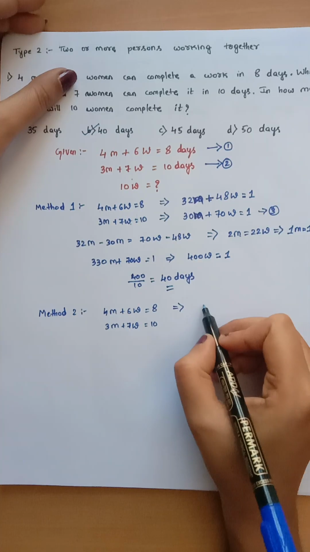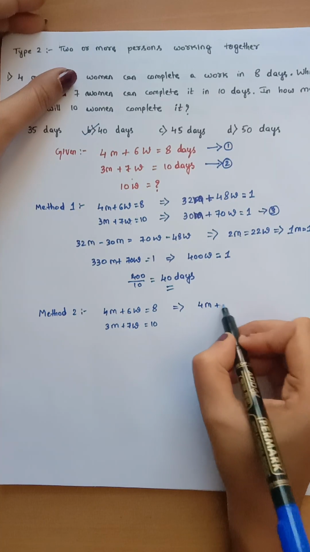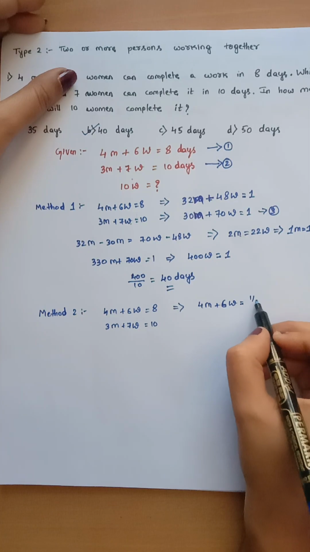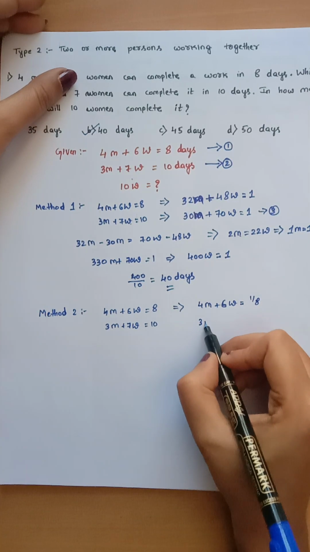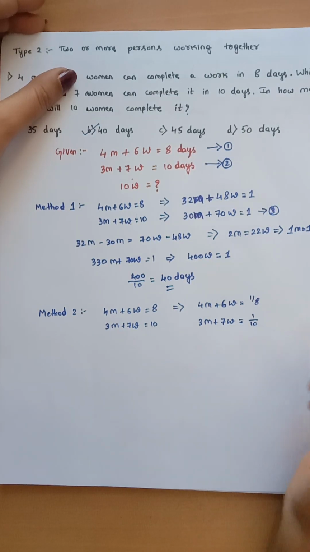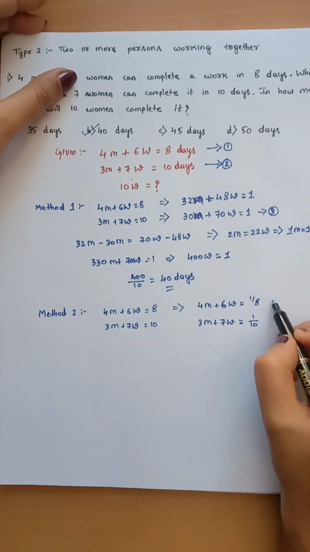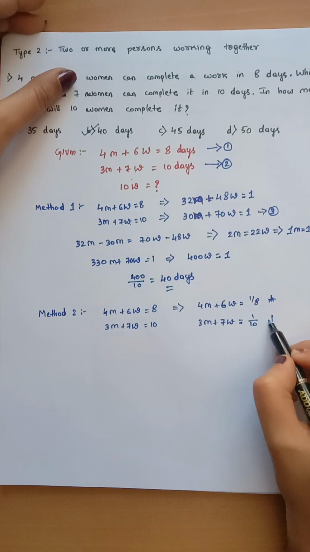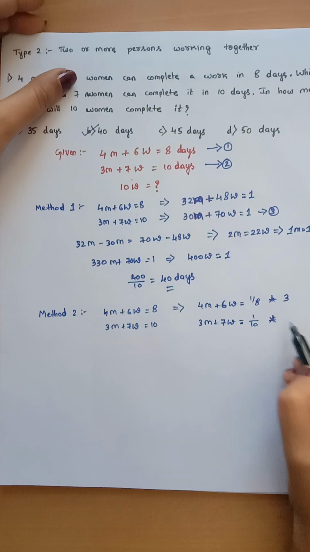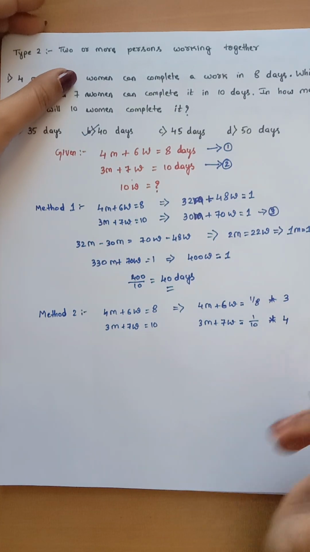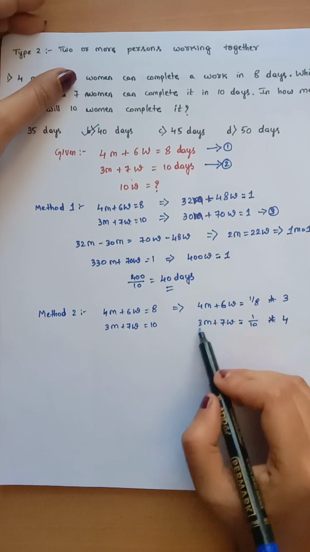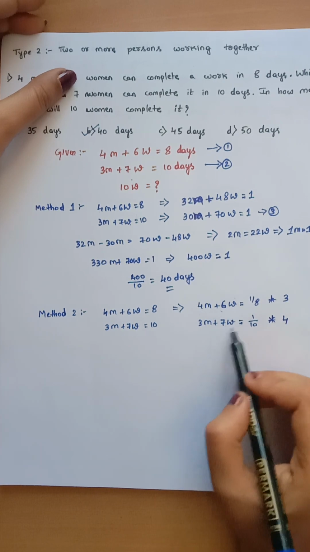Let's make it single day work. 4m plus 6w is equal to 1 by 8. 3m plus 7w is equal to 1 by 10. Let's multiply this with 3 and this with 4, because we need to eliminate men here so that we can find the women's power.